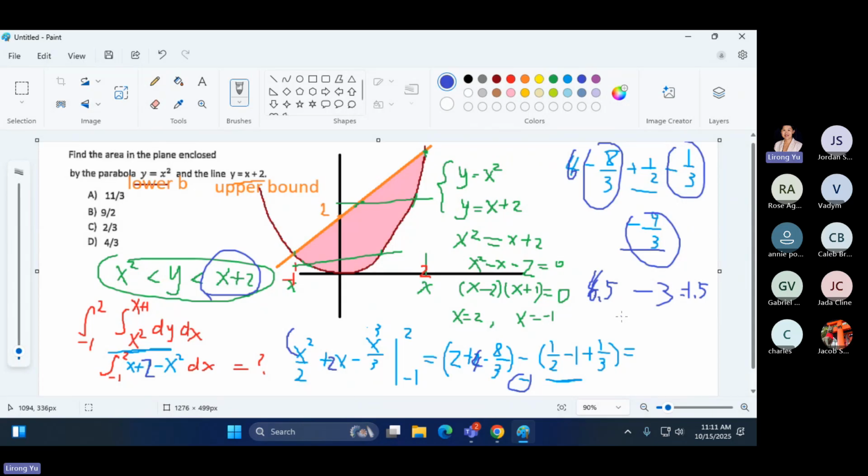Six minus 8/3. And there's a 2 over here as well, so this is a plus 3 over 1. That makes it 6 plus 1.5, which is 7.5. This one should be 7.5.